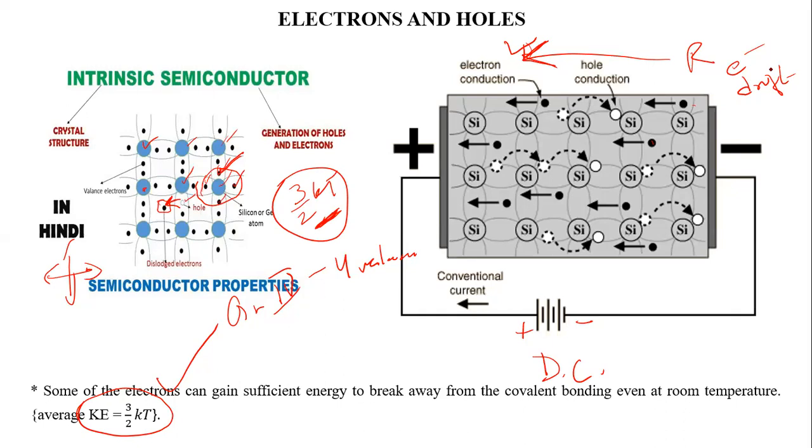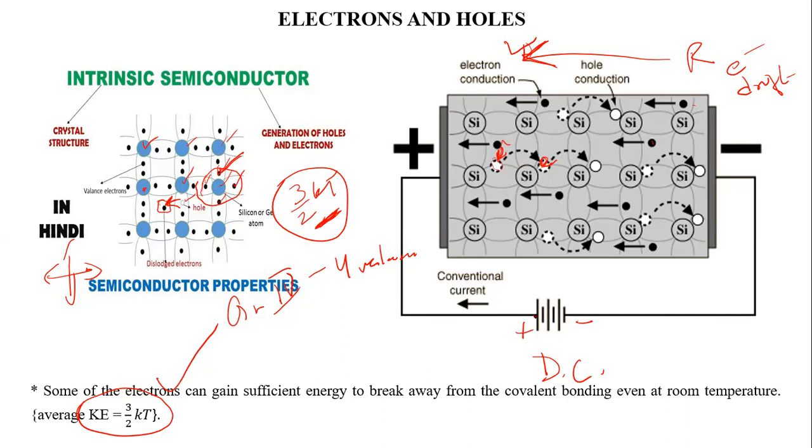And at the same time, let's say this is a hole, say electron hole pair formation. If we dislodge an electron from here, it will become a free electron and leave behind a vacancy called a hole. Now let's say initially this chemical bonding was occupied by one electron.